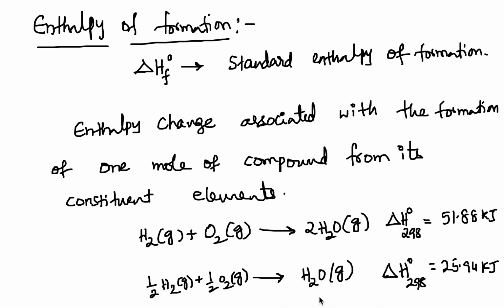Therefore, the second equation exactly indicates the formation of 1 mole of the compound water from its constituent elements. The enthalpy associated with this transformation is known as the enthalpy of formation, the standard enthalpy of formation of water. The moment I say standard enthalpy, the conditions are already fixed. The naught here indicates 1 atmosphere, and 298 indicates the temperature.